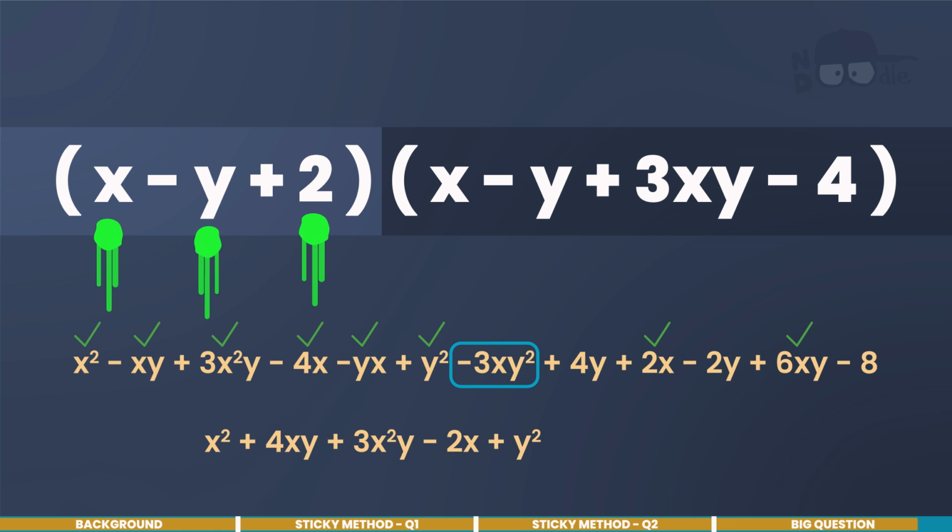And minus 3xy squared is on its own too, so let's write that. Now we're on to plus 4y, and there's a minus 2y here. So 4 minus 2 is 2y, and tick them off. And we only have one remaining unticked term, which is minus 8.